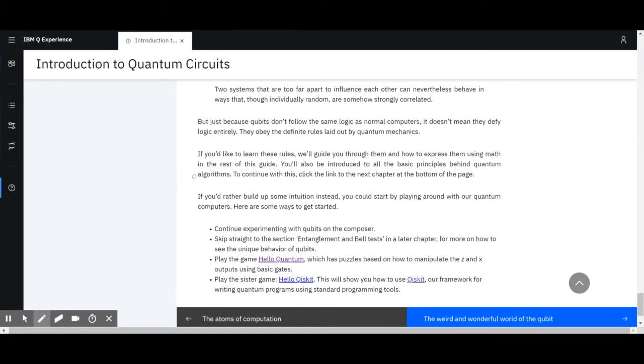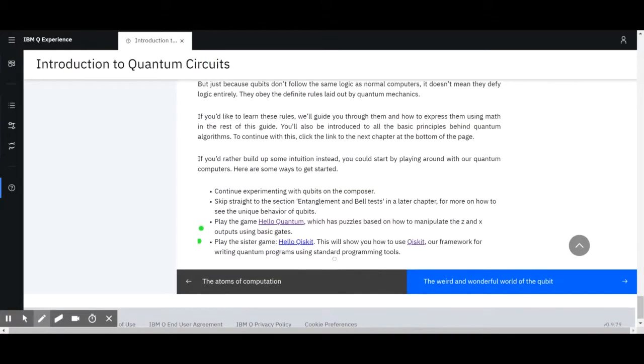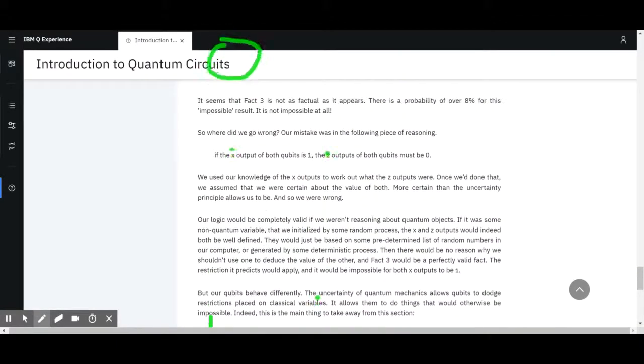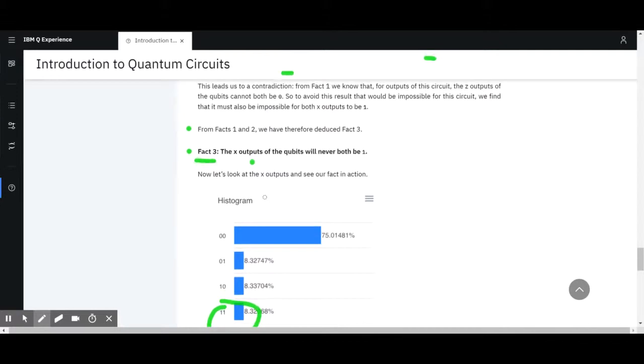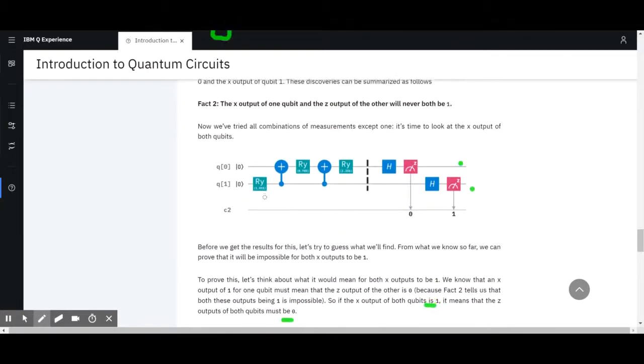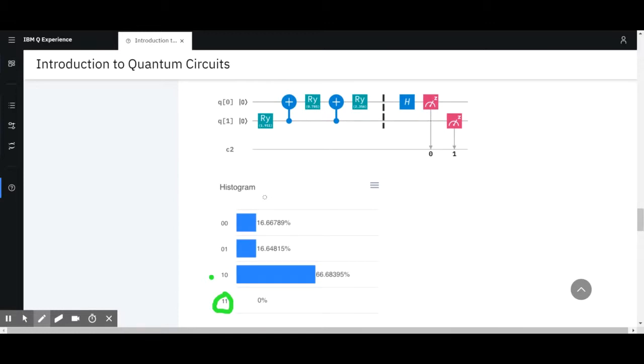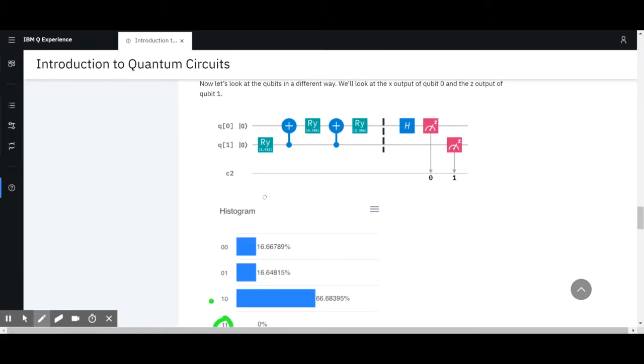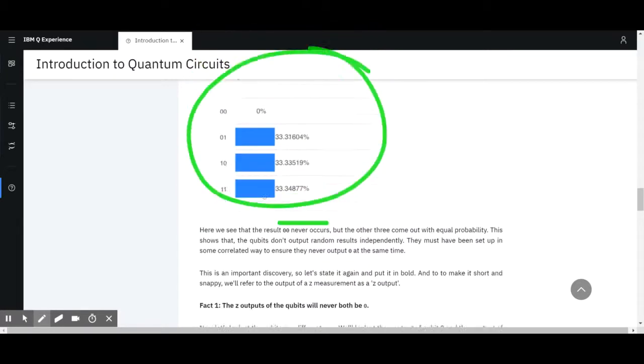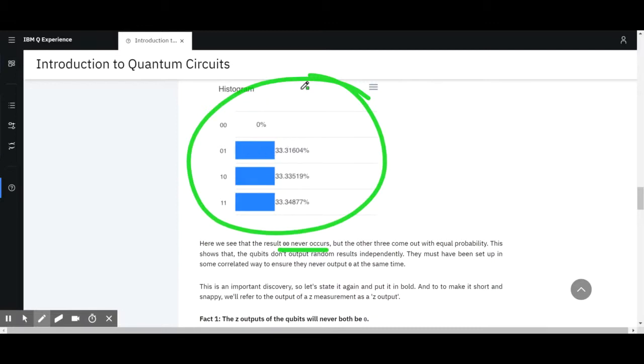If you'd like to learn these rules, that's nice. Play Hello Quantum, the Hello Qiskit game, the command line game. Definitely do that. That's a nice way of introducing why the logic of the concepts behind quantum mechanics versus classical mechanics is different, because you would think this is just like statistical programming, right?